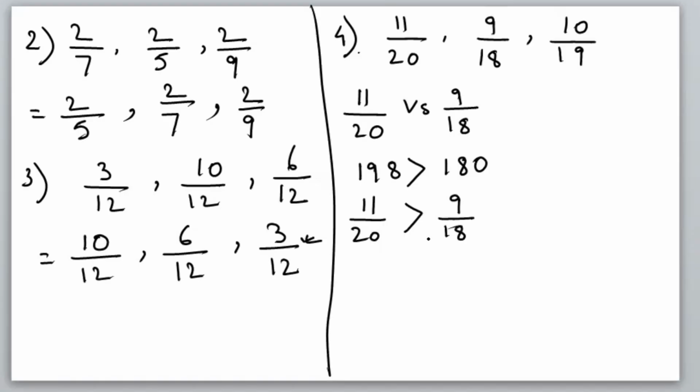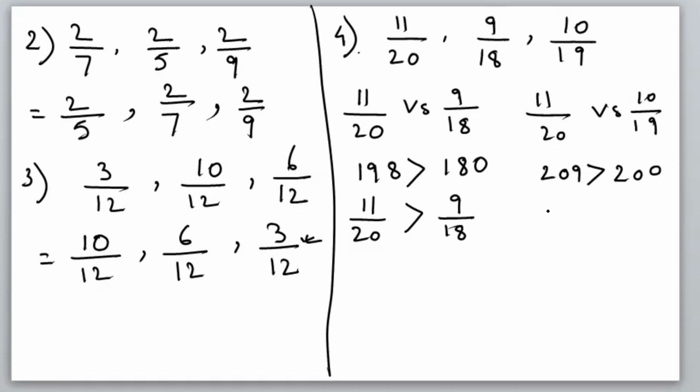Now we have to see whether 11 over 20 is greater than 10 over 19 or not. So 11 over 20 versus 10 over 19. 11 times 19 will be 209. Then 10 times 20 will be 200. And 209 is greater than 200.